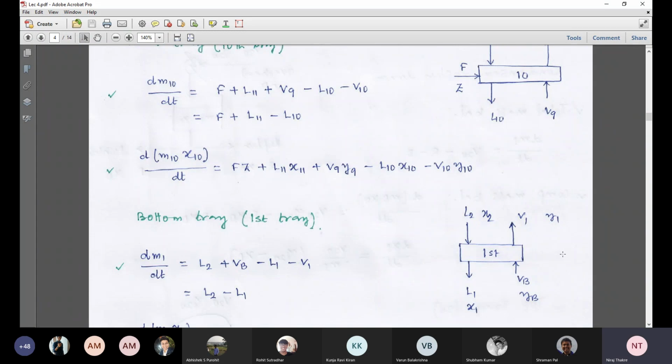So accordingly, the notations for liquid and vapor flow rates and their corresponding compositions are used. This is the total mole balance equation, dM1/dt.